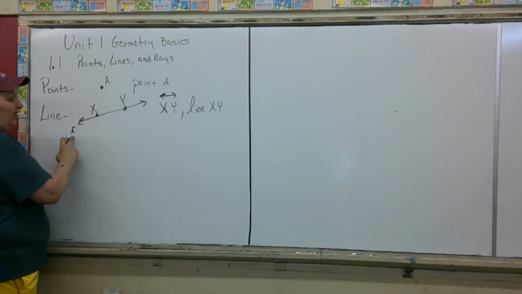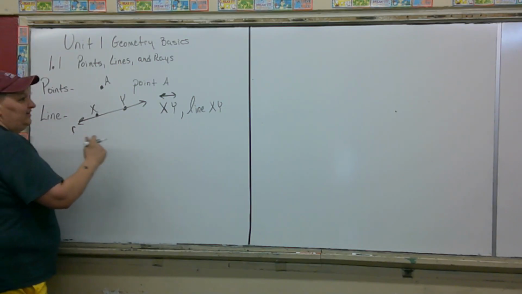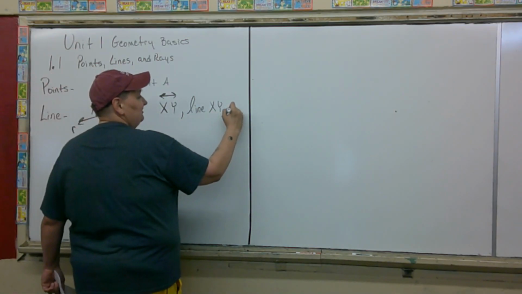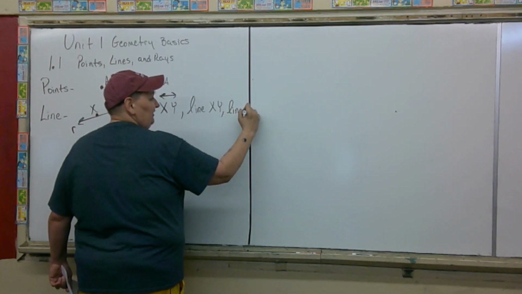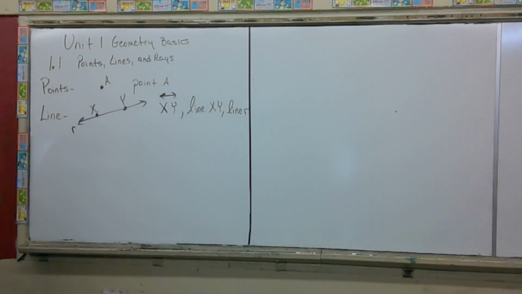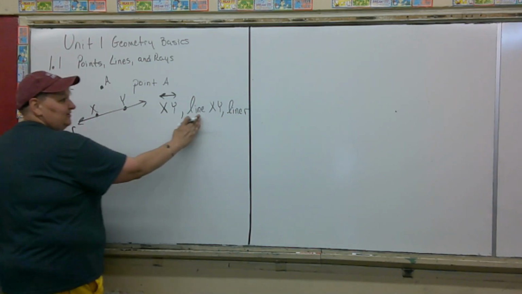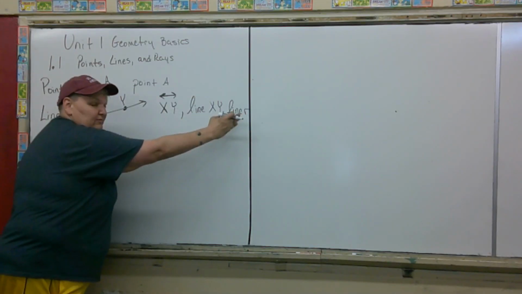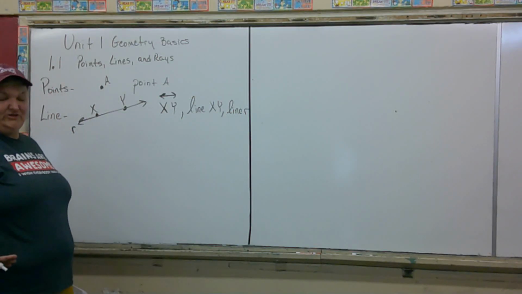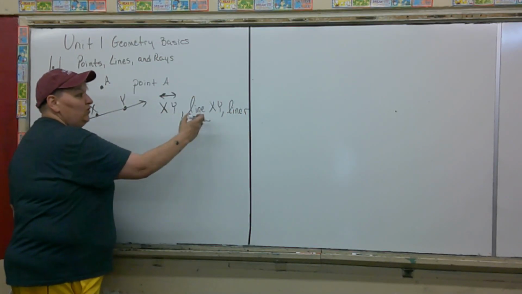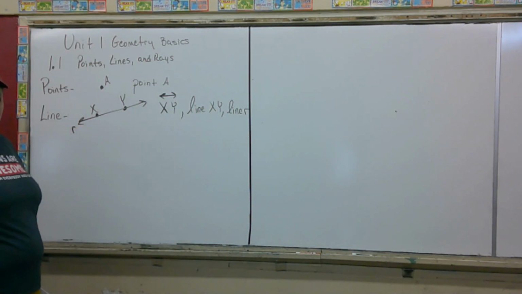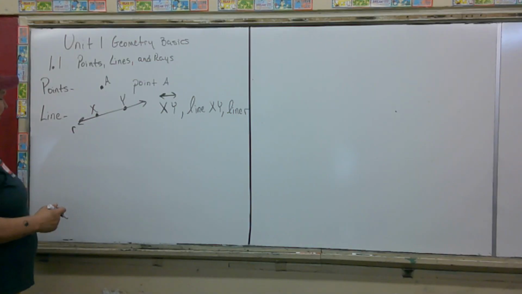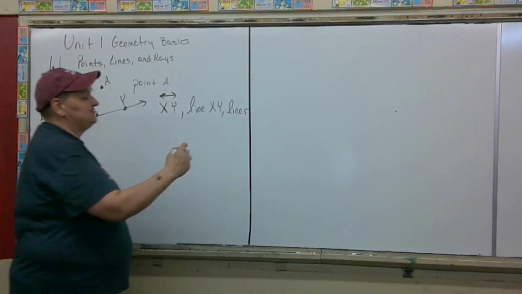And if you want to use this to name it, you would just say lowercase l, line r. Like I said, different ways to label it. You need to know them all so that you can recognize them when you see them. But you only need to choose one to use.